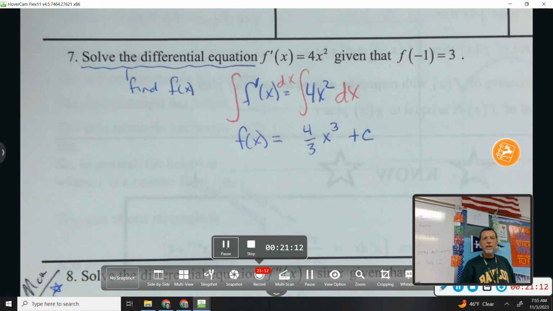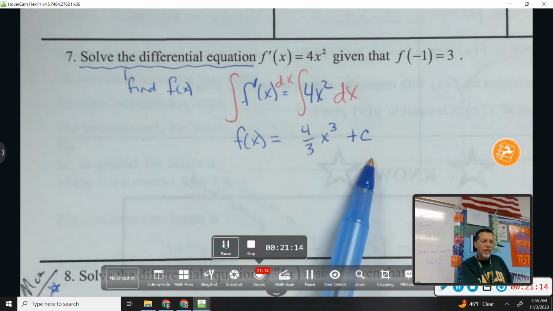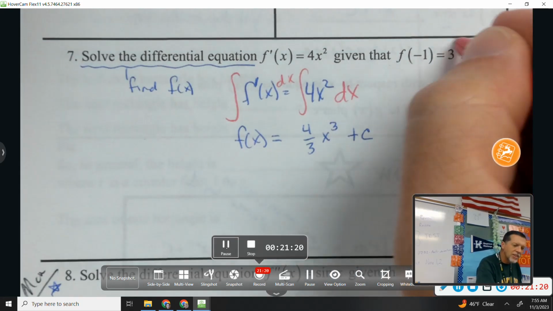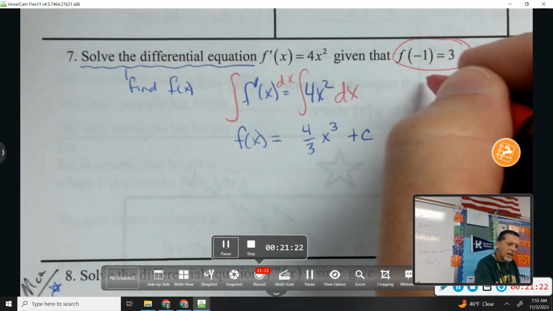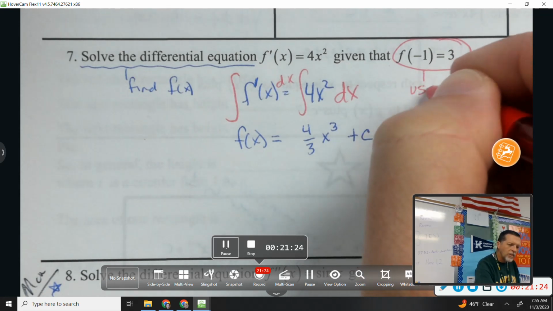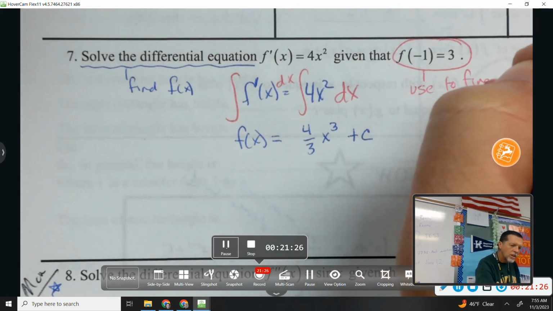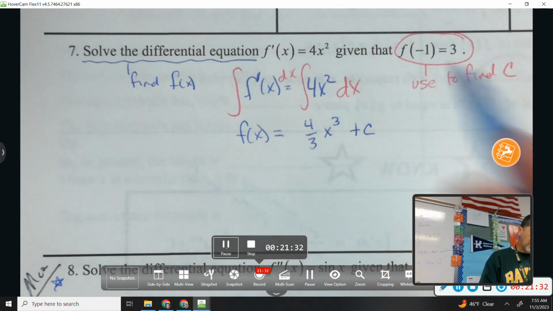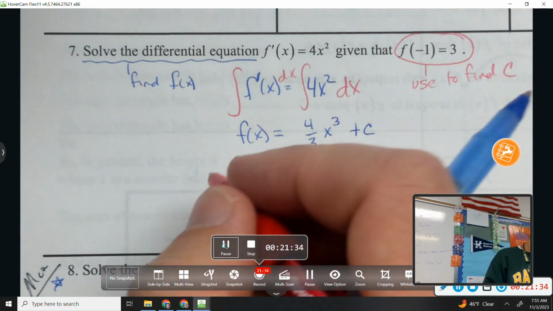Okay, so we haven't really solved for f of x yet because we don't know the c. But they gave us this information. Use it to find c. So that means if I plug in -1, my answer should be 3.